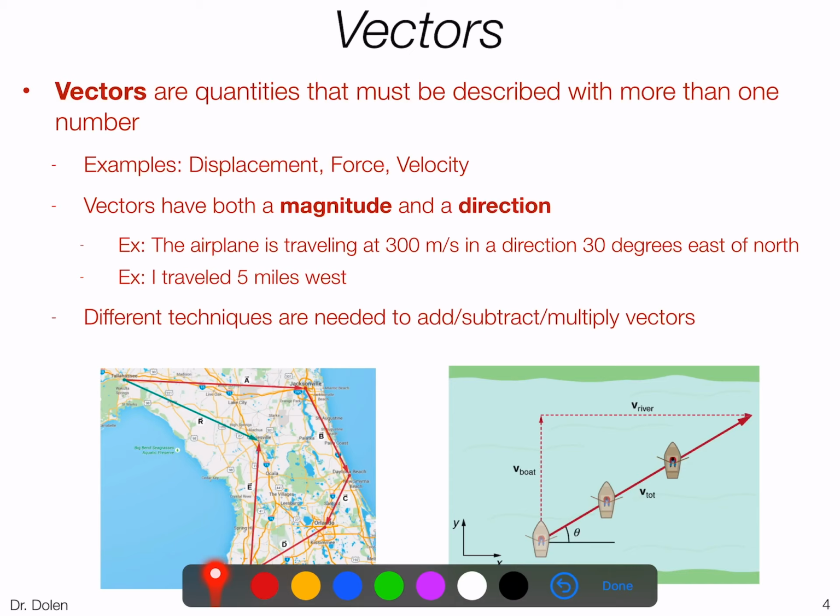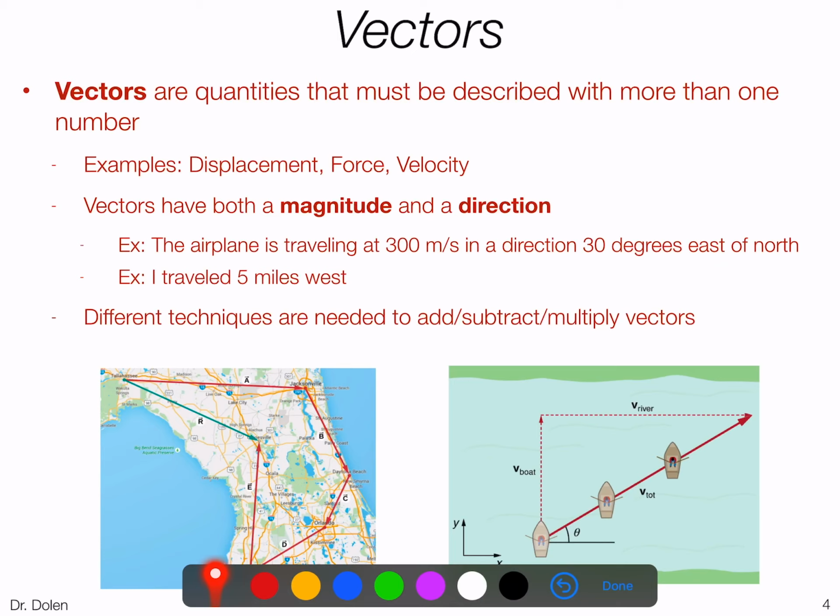I'm applying a force of 20 newtons in the plus y direction. A velocity is an example of a vector. Right? These all have a magnitude and a direction. Right? The airplane could be traveling at 300 meters per second in a direction 30 degrees east of north. All right, so 300 meters per second, that is the magnitude of my velocity. That's telling me how fast I'm moving, but I'm also telling you the direction.